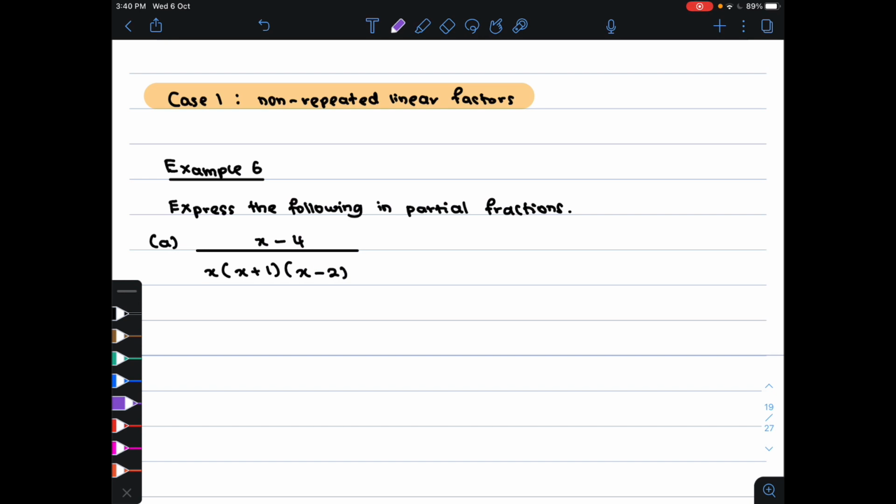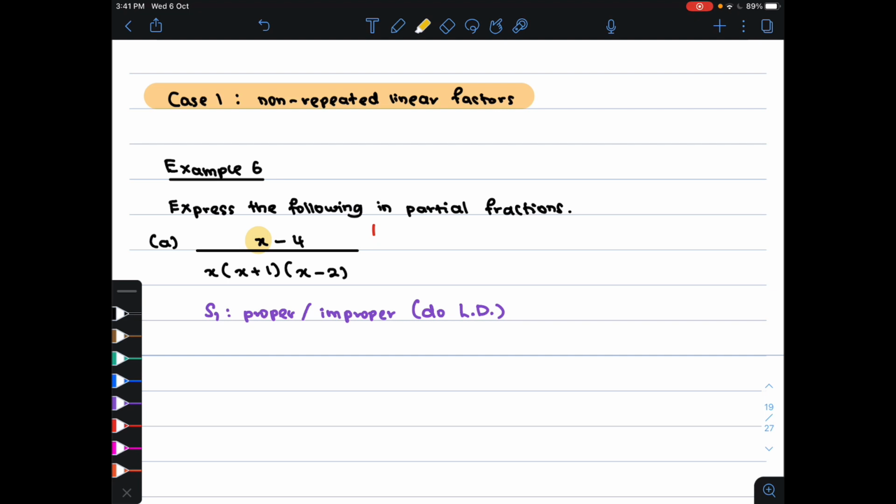For example 6, we need to express the following in partial fractions. For step 1, we need to determine whether it is a proper or improper partial fraction. If it is improper, we need to do long division. The highest power in the numerator is 1. For the denominator, if you expand it, you'll get x cubed.